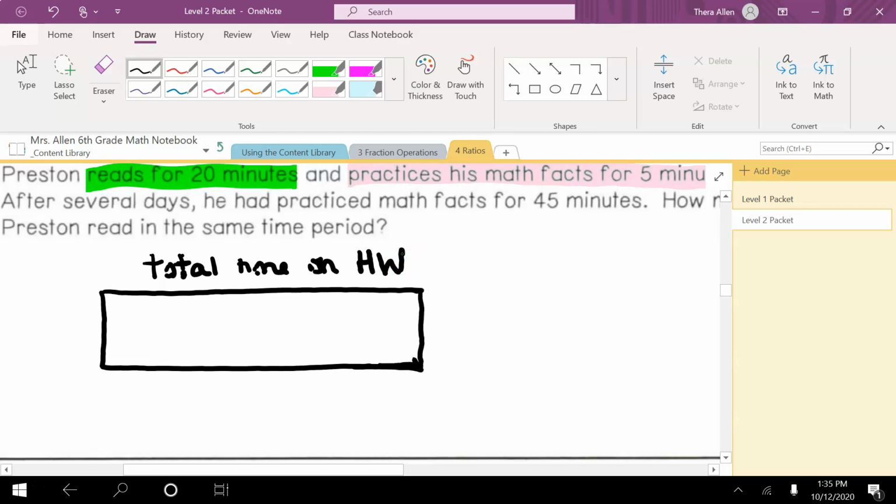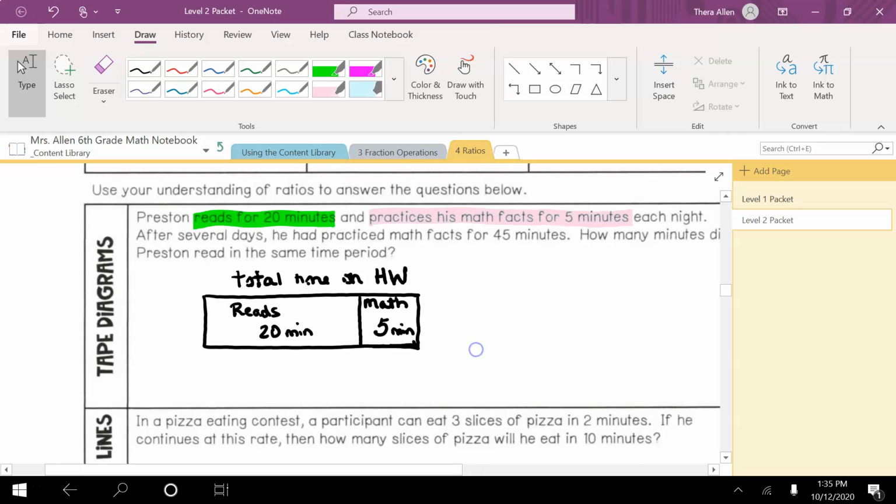Now I know that he reads for 20 minutes and practices his math facts for about 5 minutes. And we'll put just math right here. And now you see, that looks like a little piece of tape.